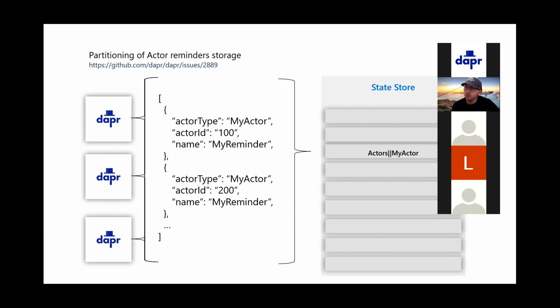The e-tag is required for this write to succeed to avoid a race condition. But there's another problem that can actually happen, which is that the size of this record can be so big that it cannot be written to the state store anymore. It depends on the state store you use. There might be a max size limitation on the size of a record. So can you go to the next one, please?